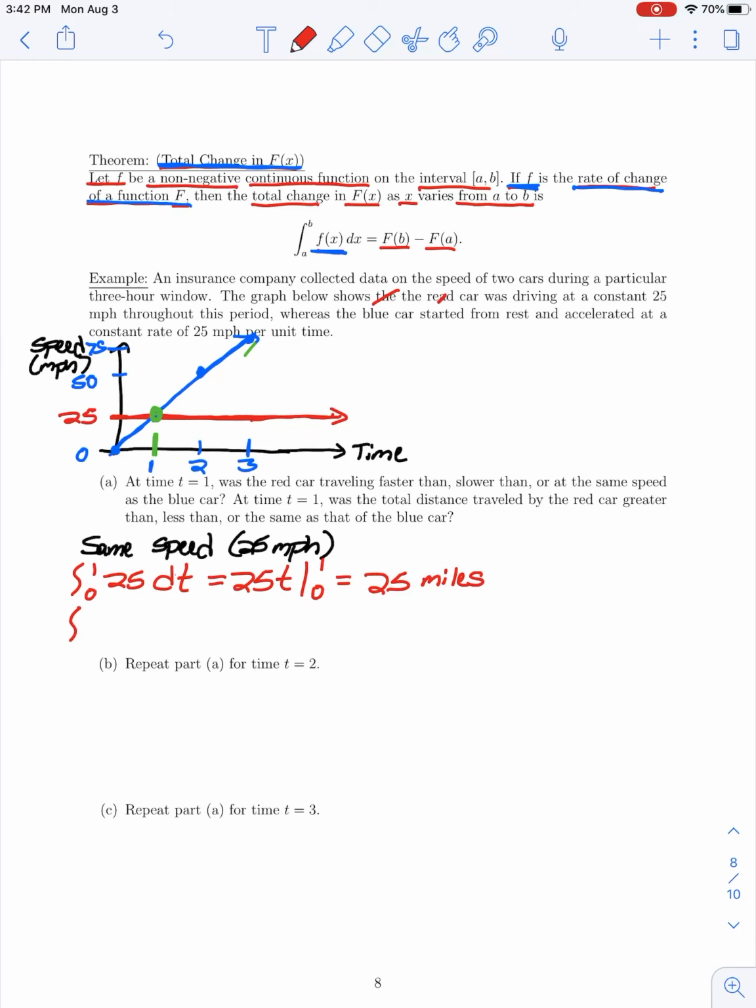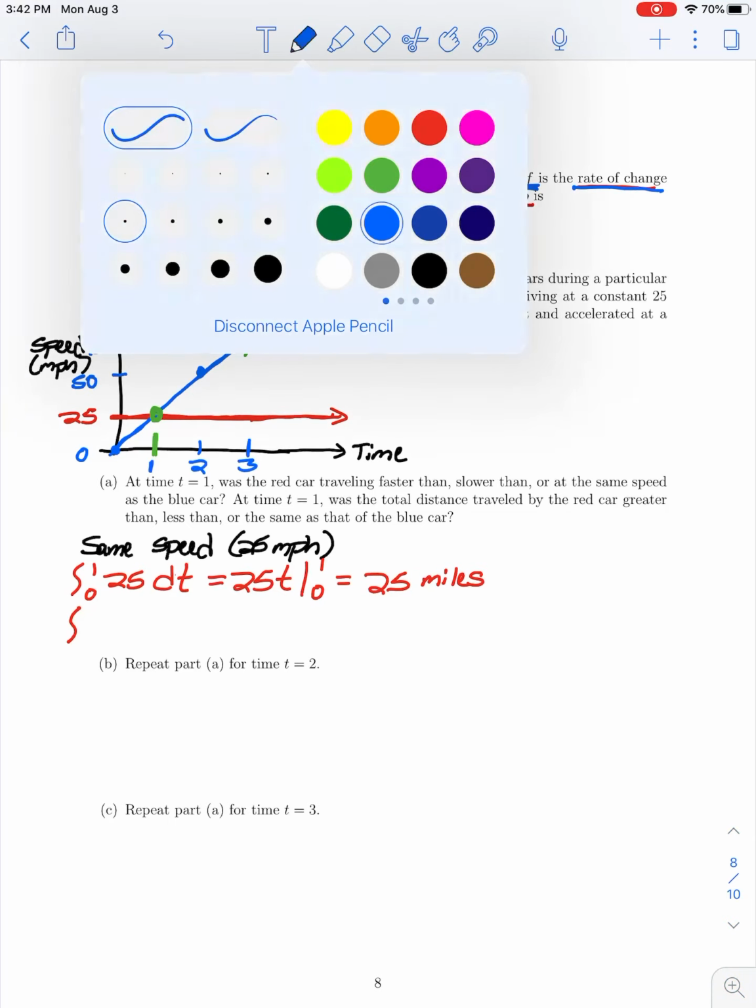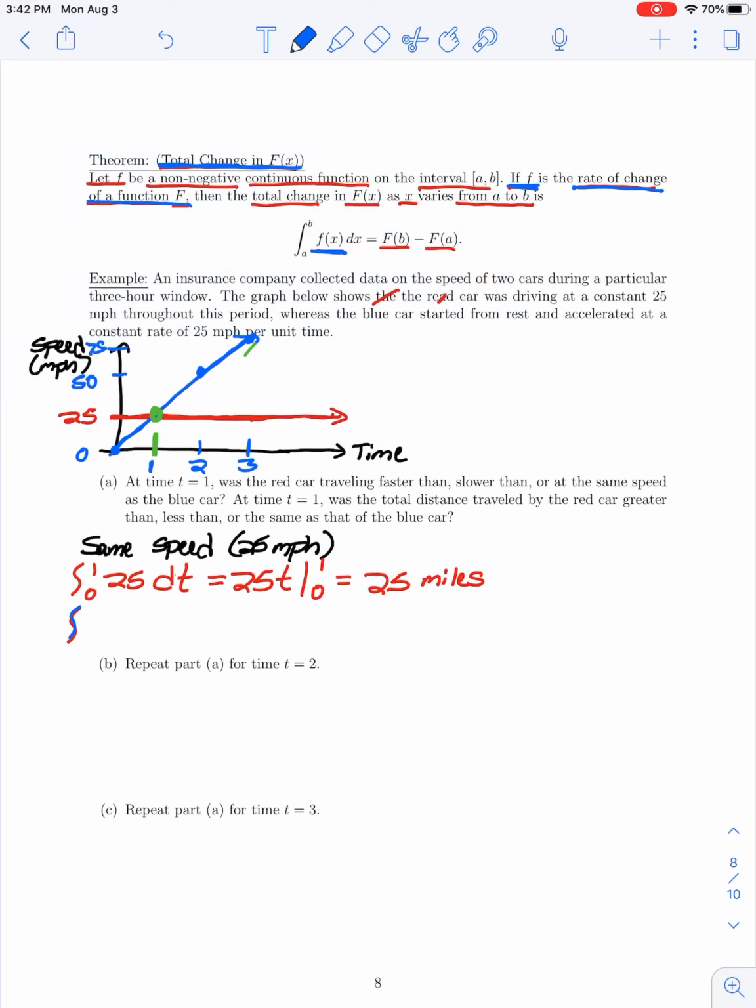And then the total distance traveled by the blue car would be the integral of the blue car's velocity function, which we were told is accelerating at a constant rate of 25 miles per hour and started from rest. We see that this is a line, so our function would be 25t, 25 for our slope, and then plus 0, since 0 was our y-intercept.